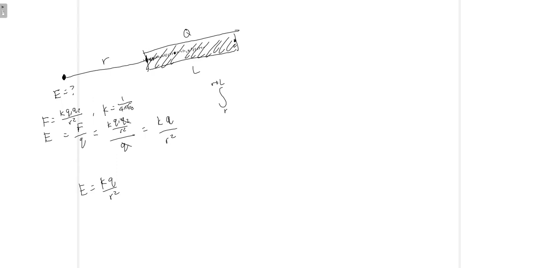So let's say we grab one of these points. This point is an infinitely small length across this rod, and we call that dx. It's the limit as dx goes to 0, an infinitely small length.